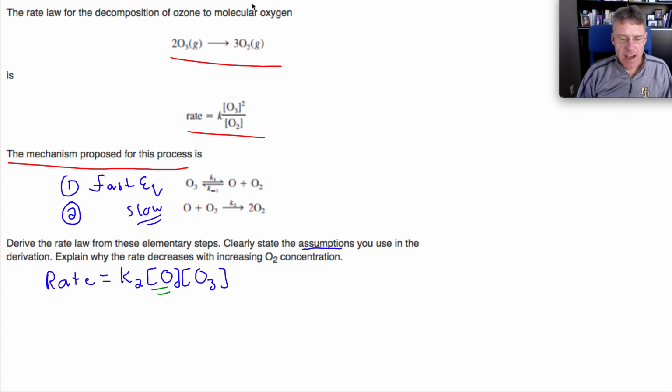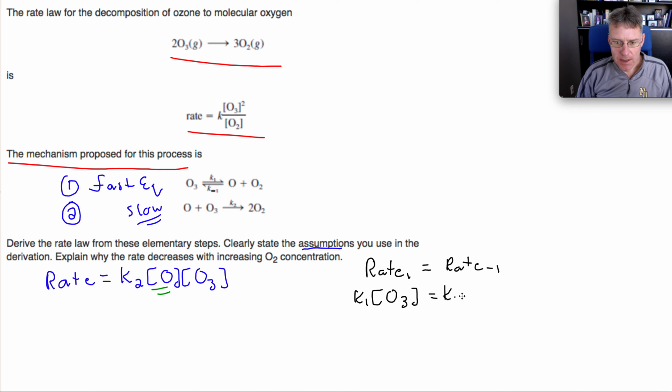So let's do the fast equilibrium part. So here we have the rate 1 is going to equal the rate minus 1 at equilibrium. At dynamic equilibrium, the rates have to be the same. That is by definition. So K1 times the concentration of ozone equals K minus 1 times the concentration of oxygen atoms and the most common allotrope of elemental oxygen.